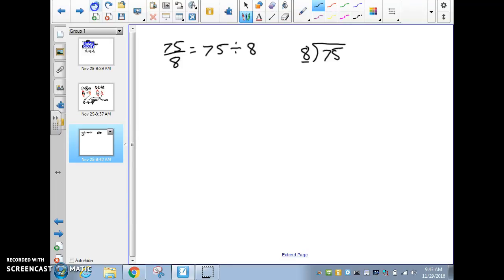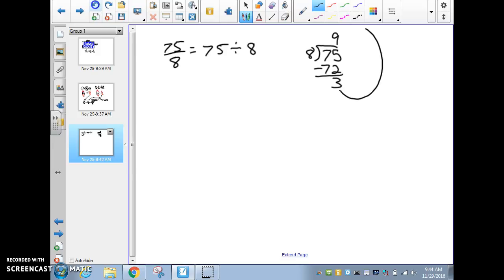I want to know how many 8s go into 75. Well, I know 9 8s is 72, so if we subtract that, we've got a remainder of 3.